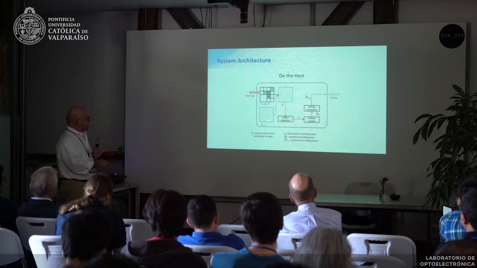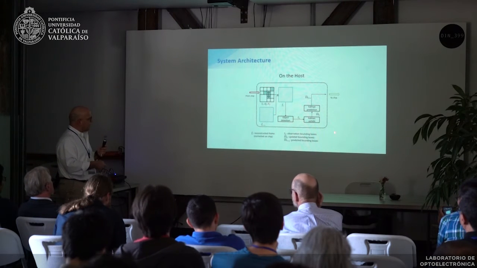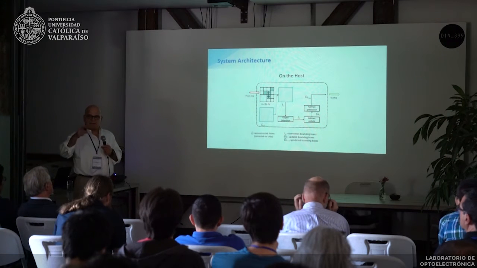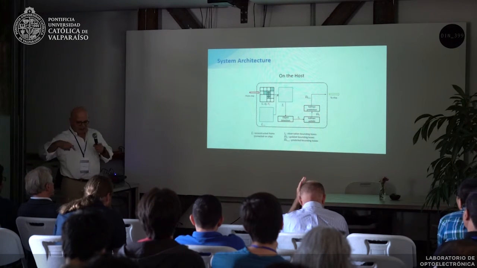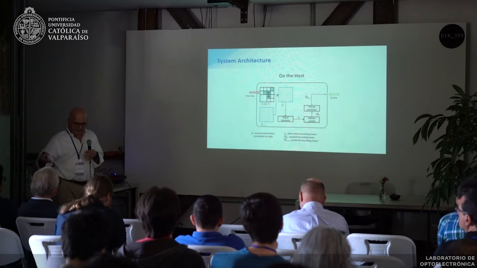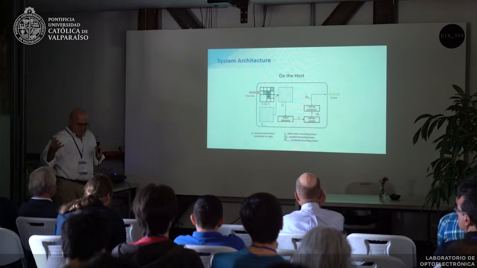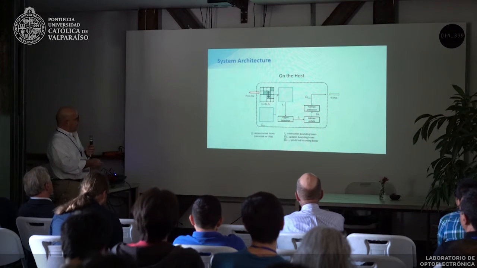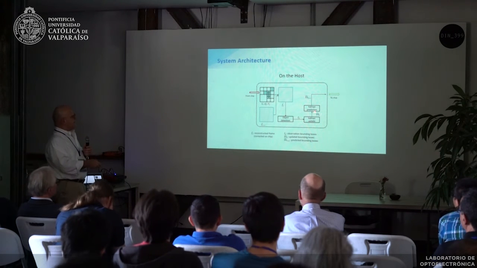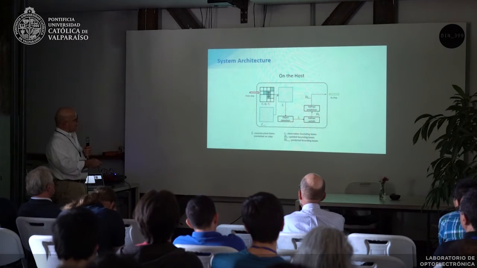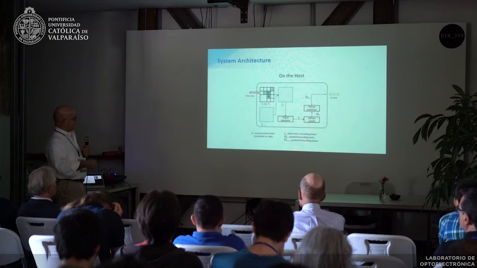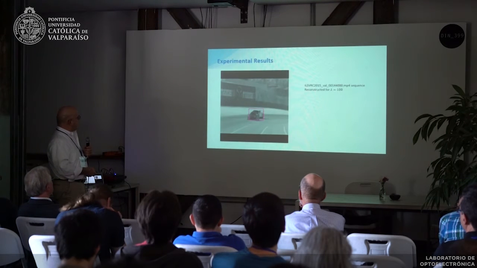But then the host can do whatever things we want it to do. One of the things is to do object detection. So it detects objects, and based on the classes, it does classification, ignores some of them, and gives high priority to some of them. And then using a Kalman filter type of structure, it can predict the location of the bounding boxes of the objects of interest.